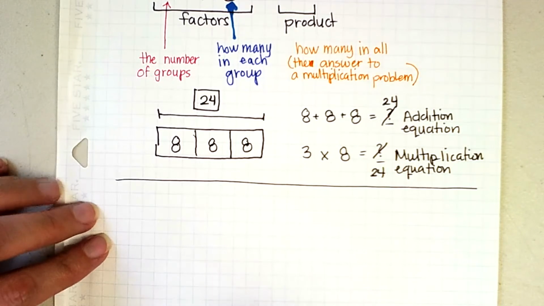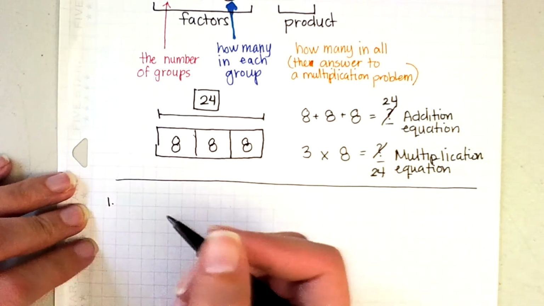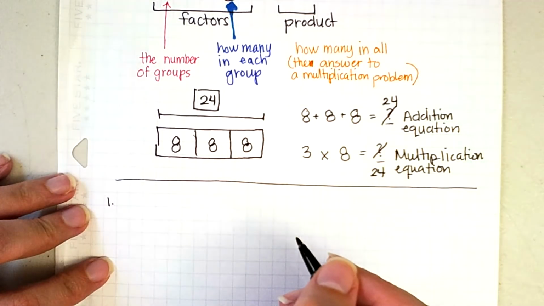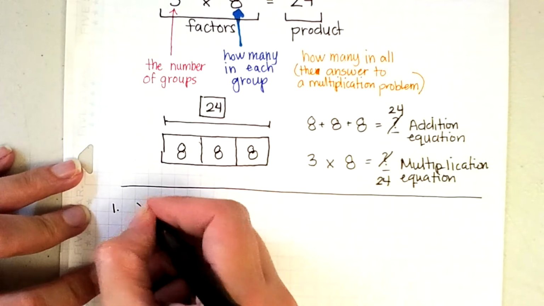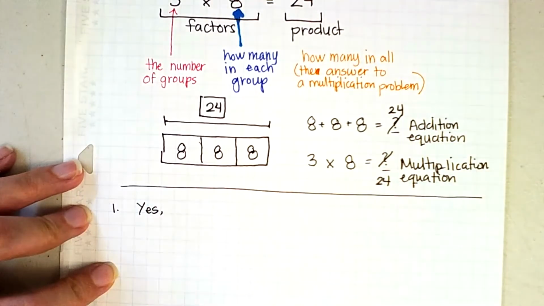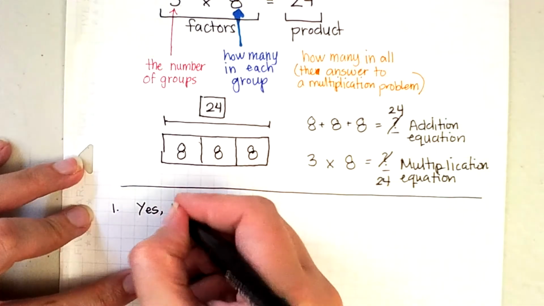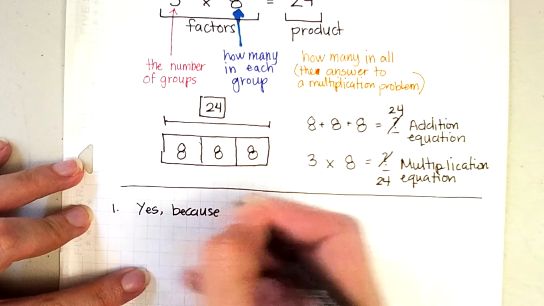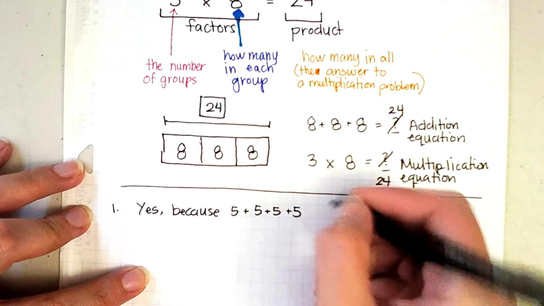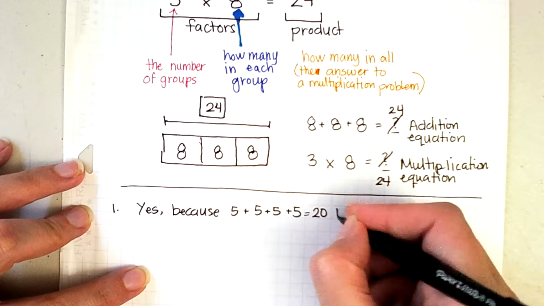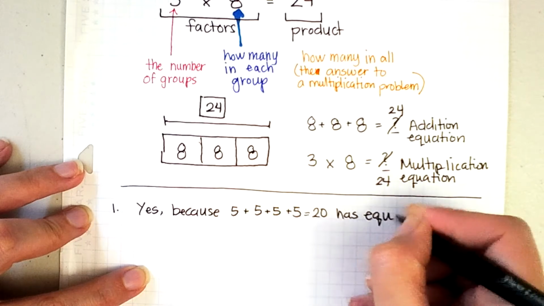So for your guided practice questions, for number 1, it says, can you write 5 plus 5 plus 5 plus 5 equals 20 as a multiplication equation and explain? So yes, we know that we can write 5 plus 5 plus 5 plus 5 as a multiplication equation because we're adding together equal groups. 5 plus 5 plus 5 plus 5, 20 has equal groups.